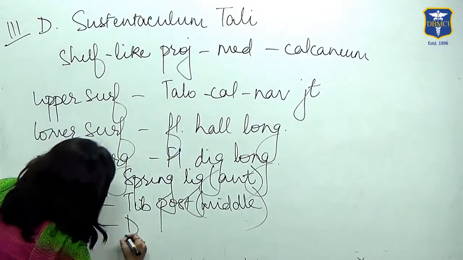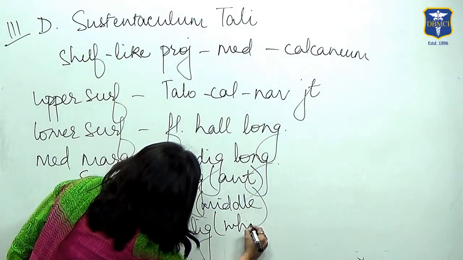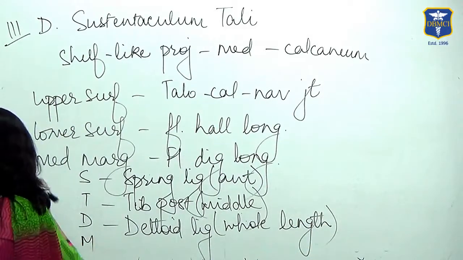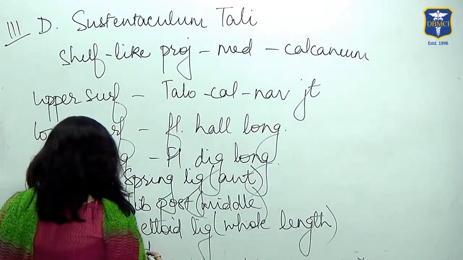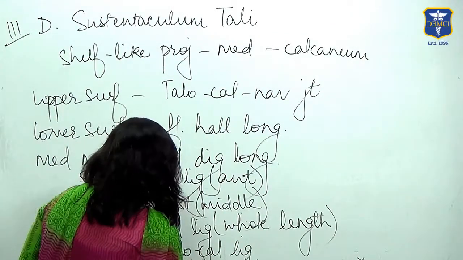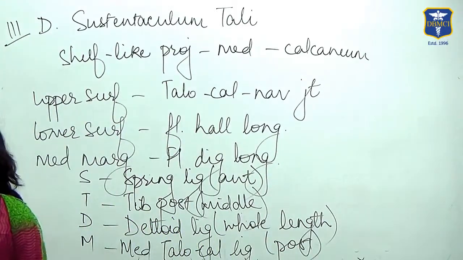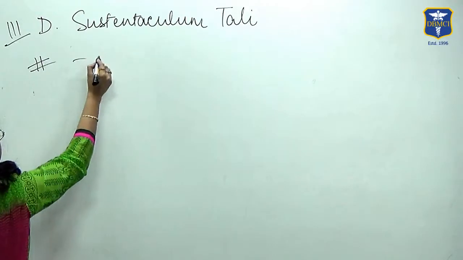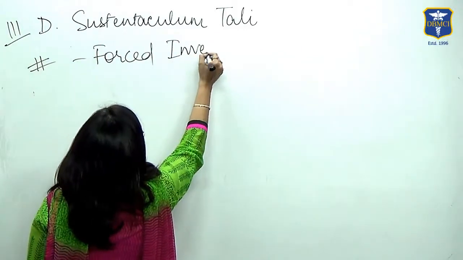D for deltoid ligament, which is attached along the whole length, and M for medial talocalcaneal ligament, attached posteriorly. This sustentaculum tali can be fractured in forced inversion of the foot.